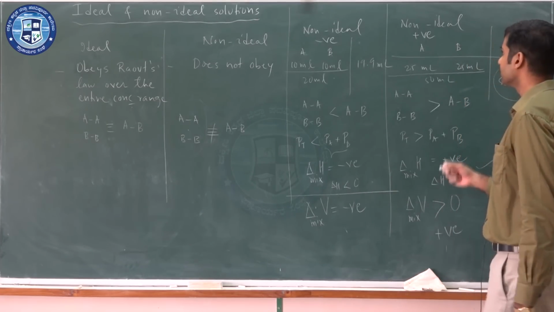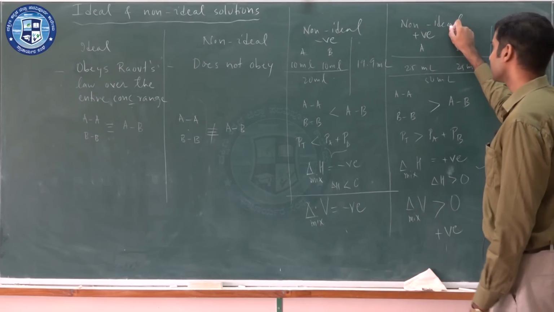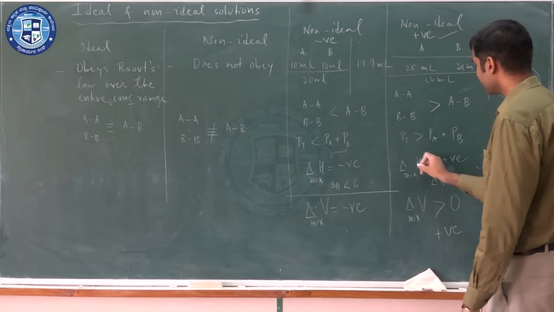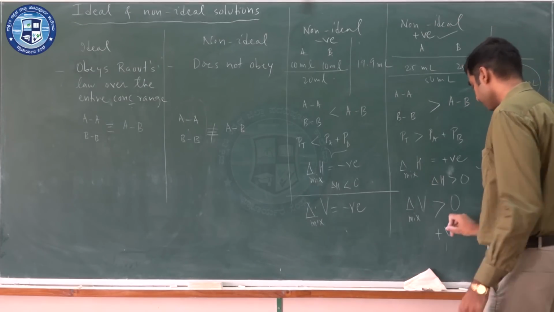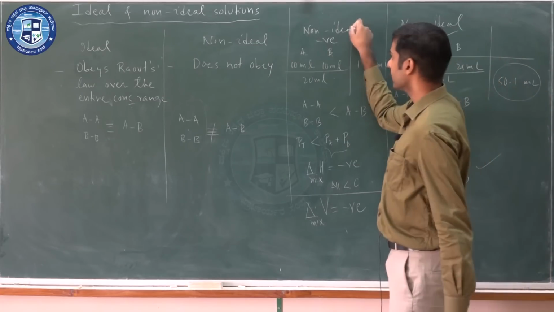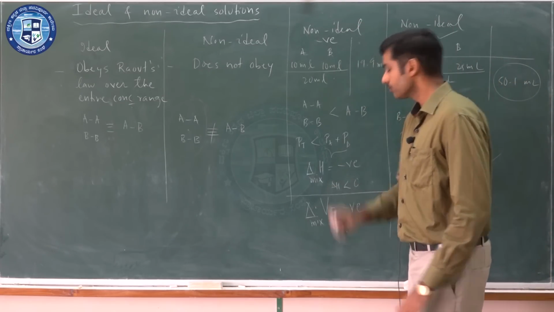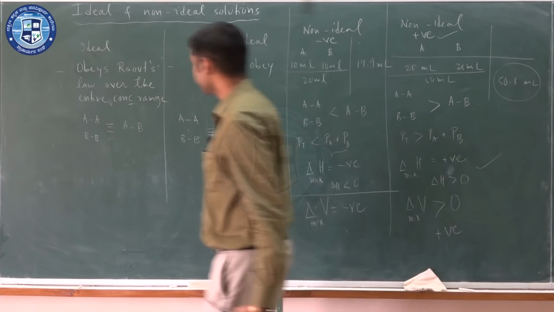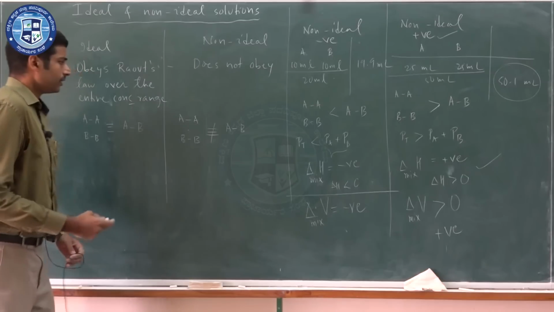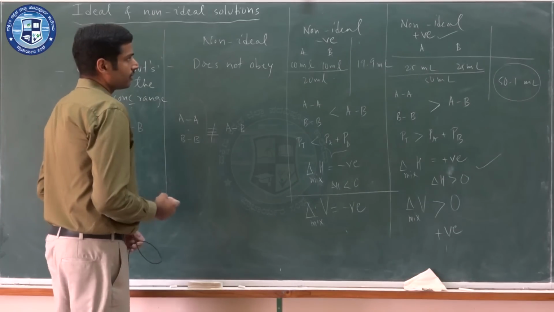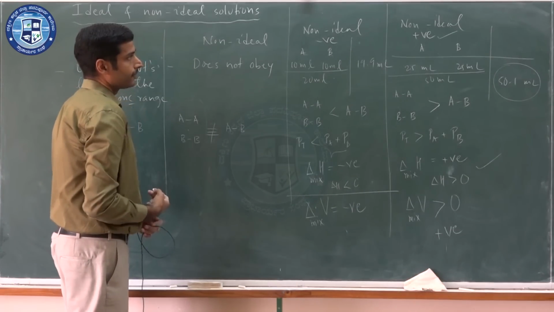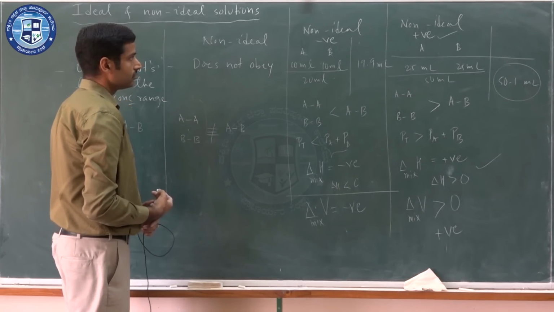So, it is very easy to remember. If I have a non-ideal solution having positive deviation, then delta H mixing is positive, even delta V is positive. I have a non-ideal solution showing negative deviation, change in enthalpy will be negative, change in volume also will be negative. Therefore, one thing is very clear on the basis of the discussion that I have carried just now.